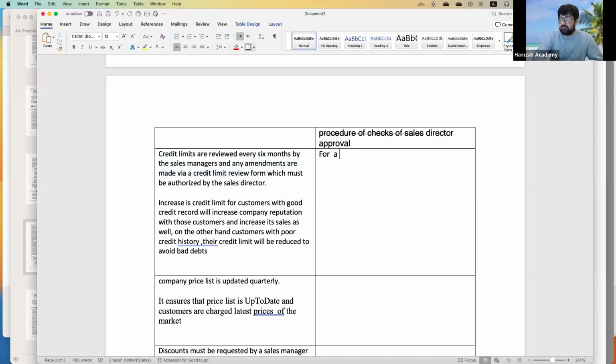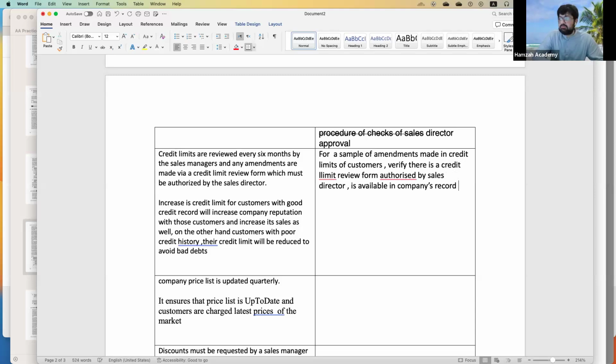For a sample of amendments made in credit limits of customers, verify there is a credit limit review form authorized by sales director available in company's record. Yes. So we are verifying it.